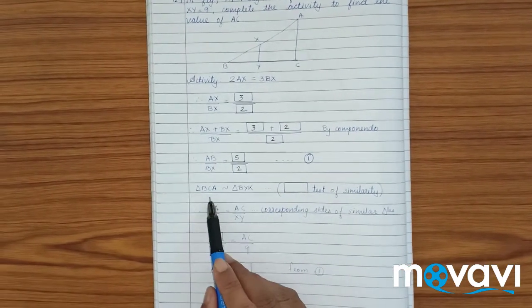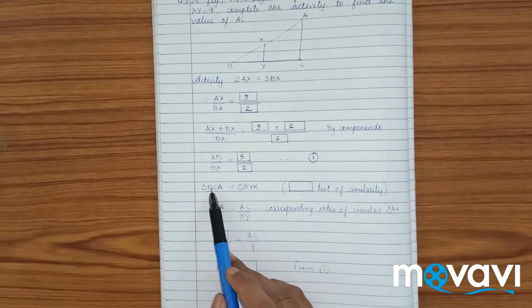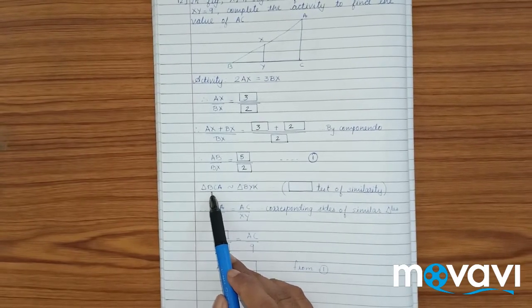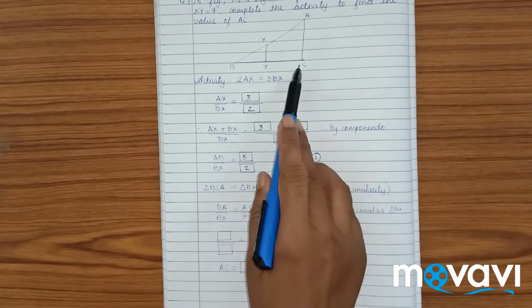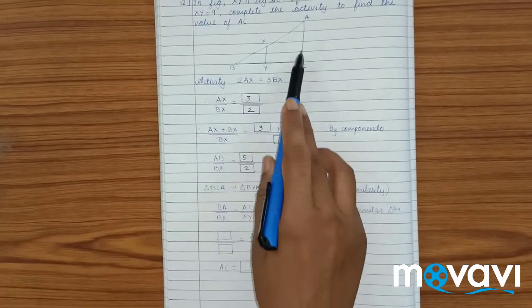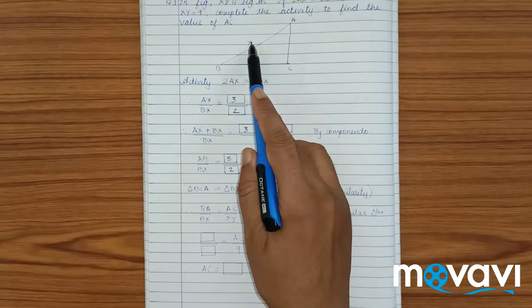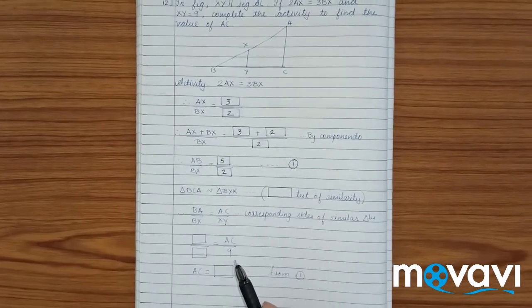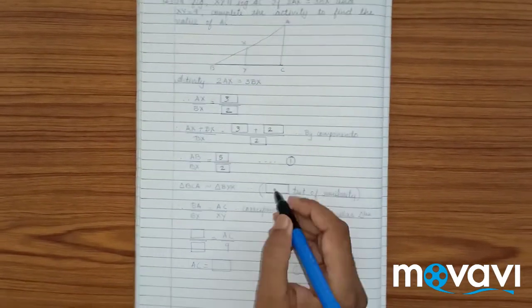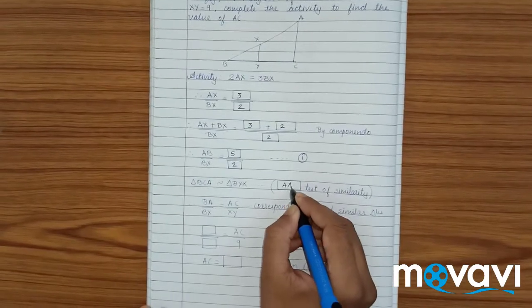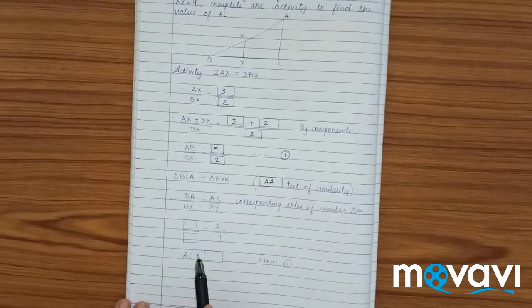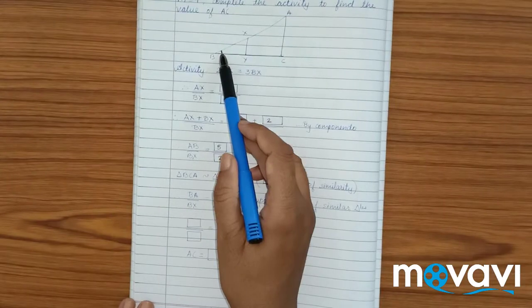Right? So now, these two triangles, BCA is similar to triangle BYX. How? Naturally, AA test. AA test of similarity. Okay, common angle.